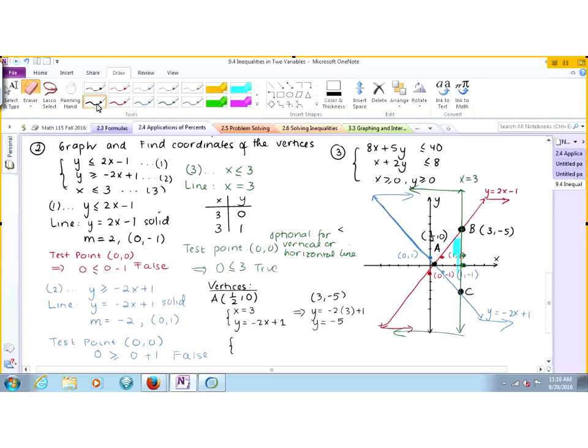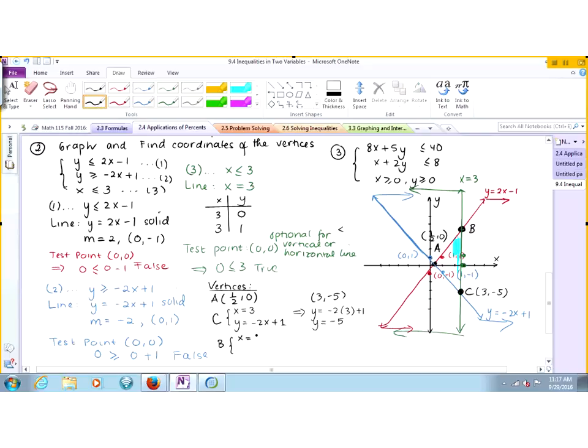This is the C. Because the C is x equals 3 and negative 2x plus 1. So this is 3 comma negative 5. Yeah, I was just thinking too, why is it negative? You are right. So that's your C. That's not your B.